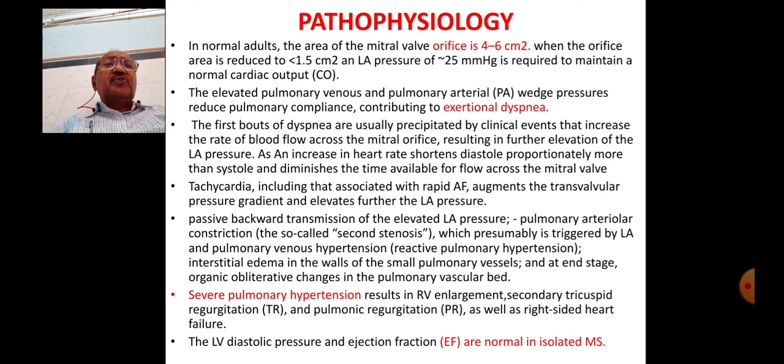Regarding the pathophysiology in mitral stenosis, in normal adults, the area of the mitral valve is 4 to 6 centimeter square. When the orifice area is reduced to less than 1.5, the LA pressure of 25 millimeters of mercury is required to maintain a normal cardiac output.